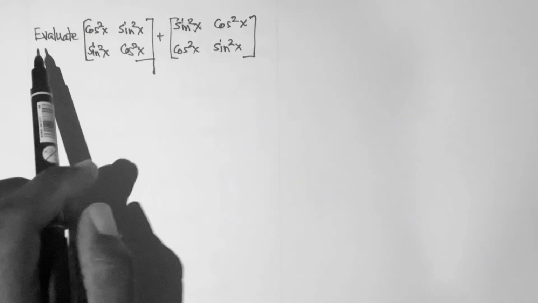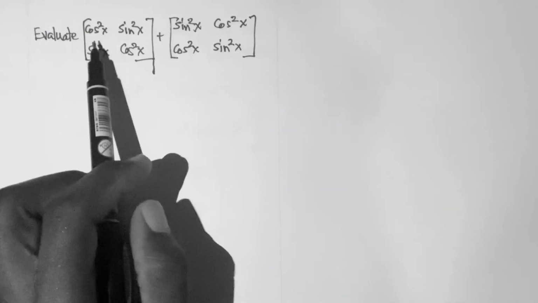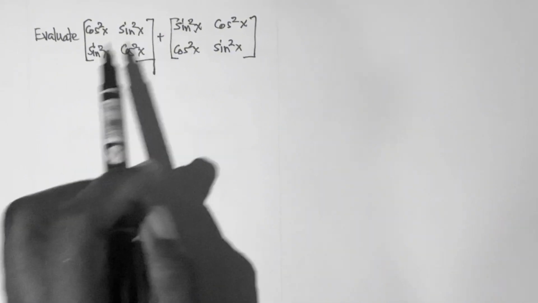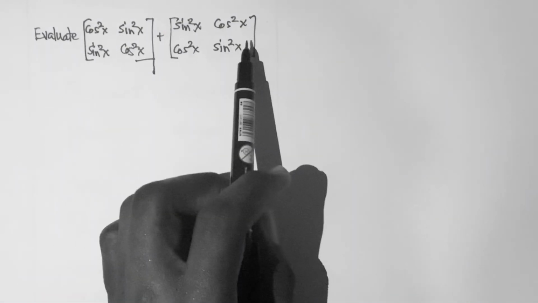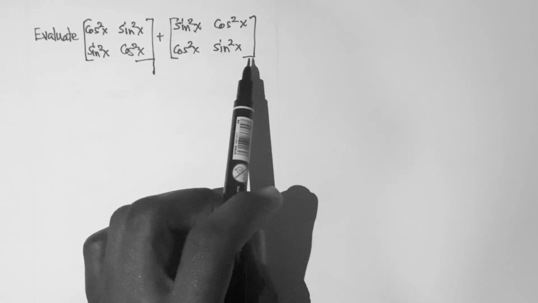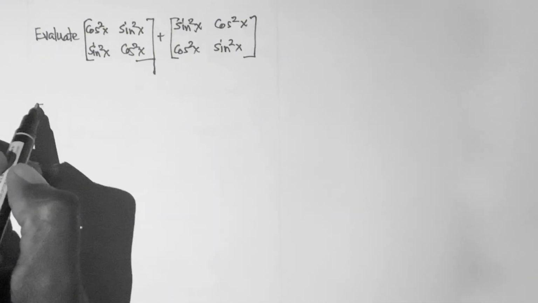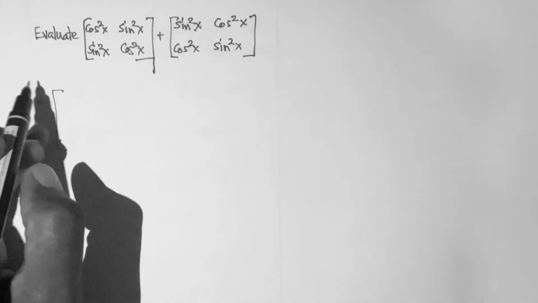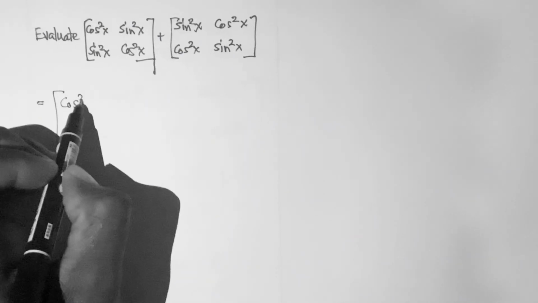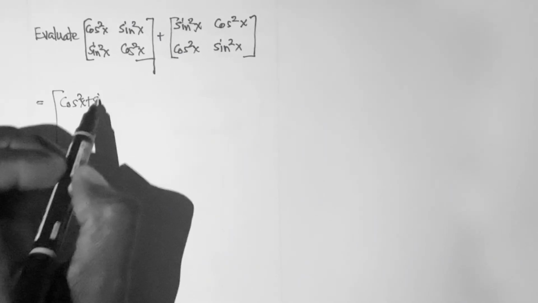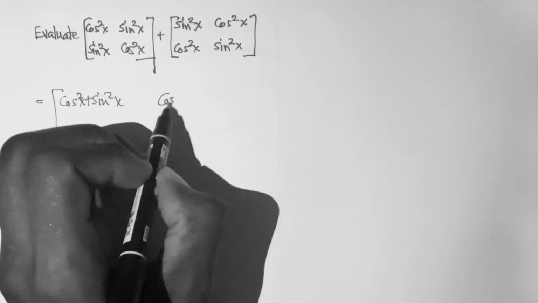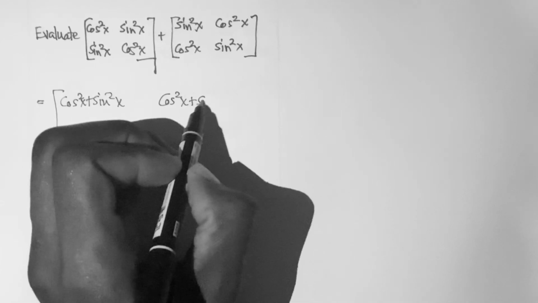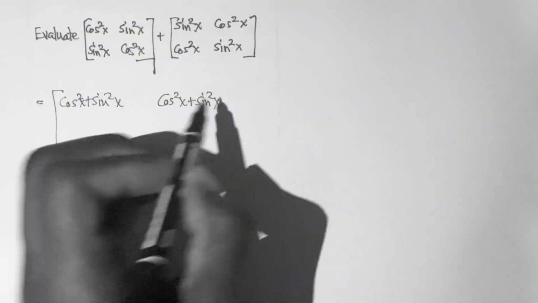So we have this question here, which is evaluate, in brackets, cos squared x, sin squared x, sin squared x, cos squared x, plus, in brackets, sin squared x, cos squared x, cos squared x, sin squared x. Just as we did in the previous example, this is equal to cos squared x plus sin squared x. Then this one becomes cos squared x plus sin squared x.